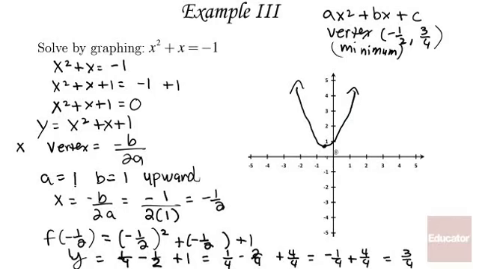In order for us to have an x-intercept or 2 x-intercepts, we have to have some value of x for which y equals 0. But since the smallest that y is ever going to get is 3/4, there won't be any x-intercepts. Therefore, we have no real solutions.